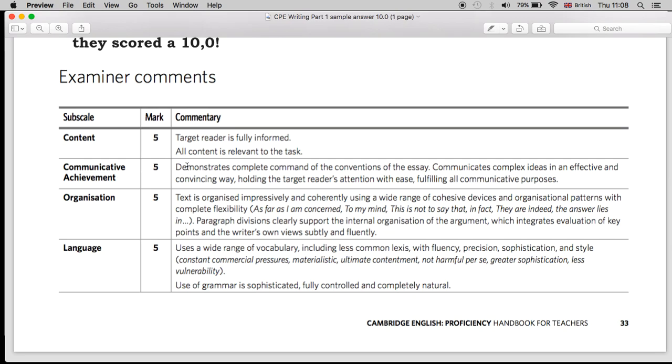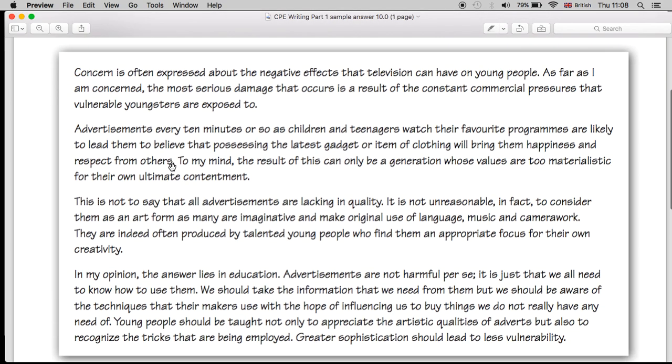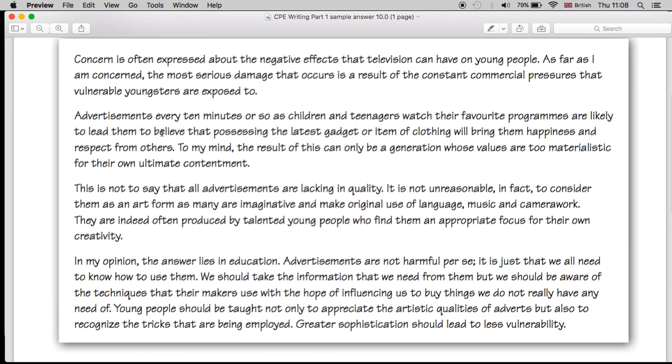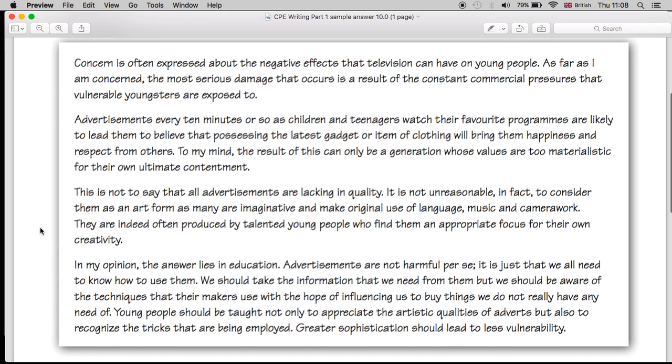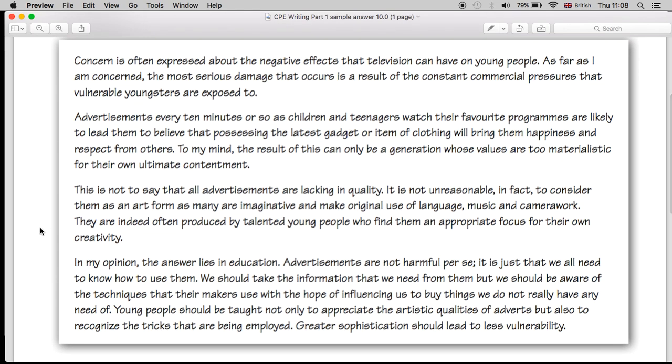Communicative achievement. Well, the author demonstrates complete command of the conventions of the essay, communicates complex ideas in an effective and convincing way, holding the target reader's attention with ease, fulfilling all communicative purposes. Well, what do they mean by this? Essentially, the tone of voice here is academic enough, neutral enough. Neutral, that's a good question.